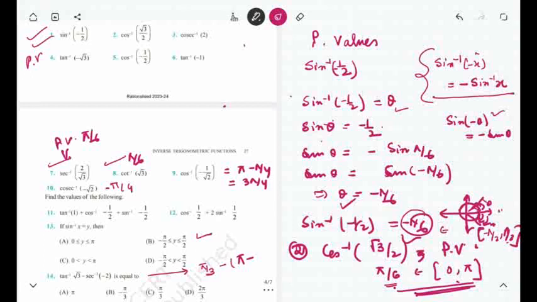And here is a minus, so this will be pi minus pi by 3. So pi by 3 minus 2 pi by 3. What value we get after solving this will be minus pi by 3. So this is the answer, option B, right? So these are the solutions for the NCERT questions.